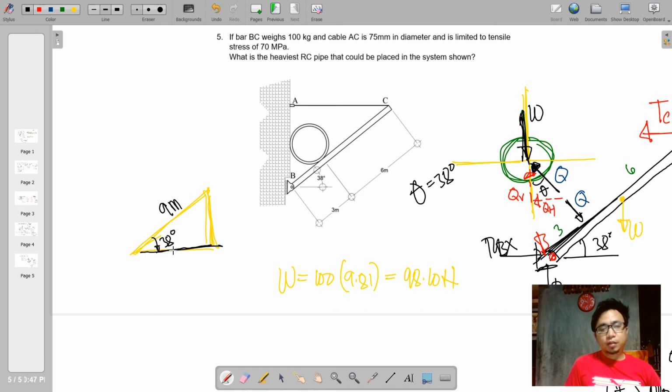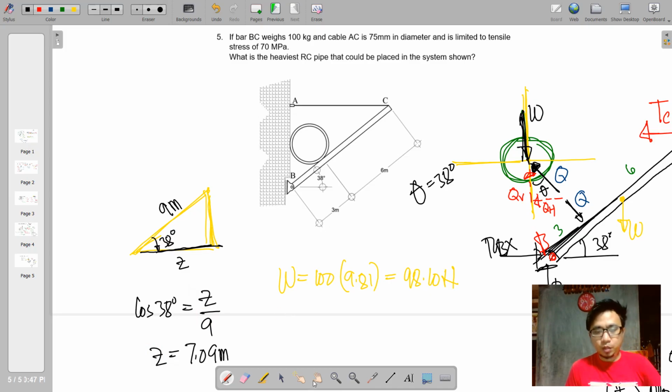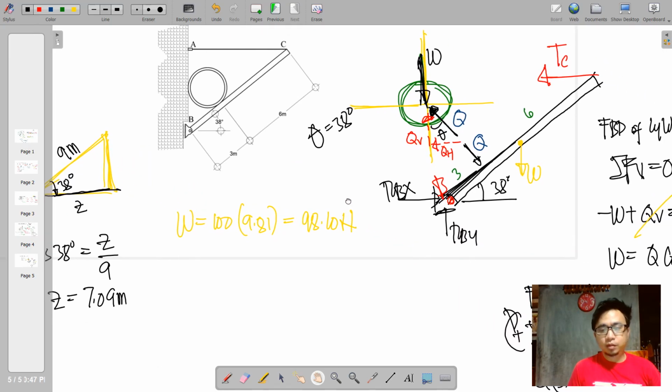Let us designate that as Z. By cosine, we have Z all over 9. So here we can determine the value of Z, which is 7.09 meters.